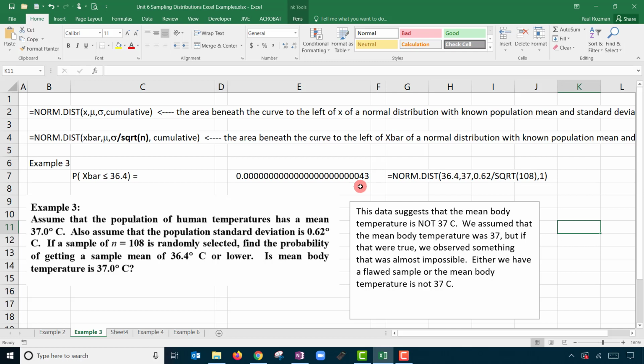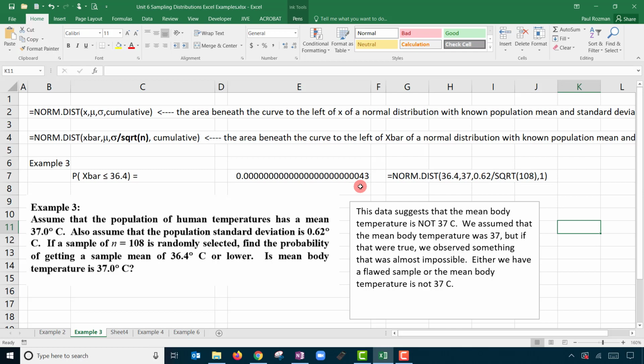I picked the coldest 108 people on the planet, and that way they had such a weird mean. Or maybe my sampling was just fine, and the original assumption of 37 degrees as being body temperature was incorrect. So this is evidence that the mean is not 37.